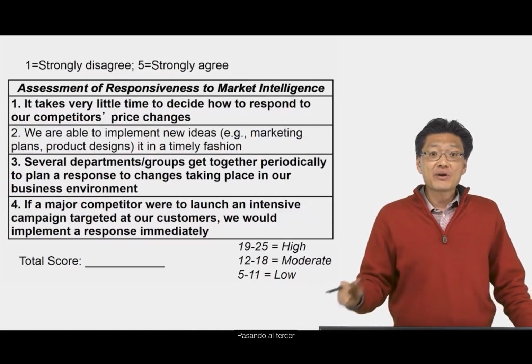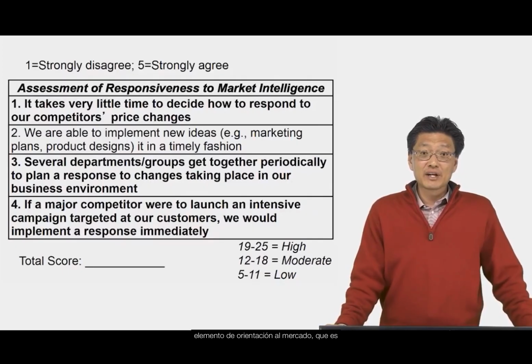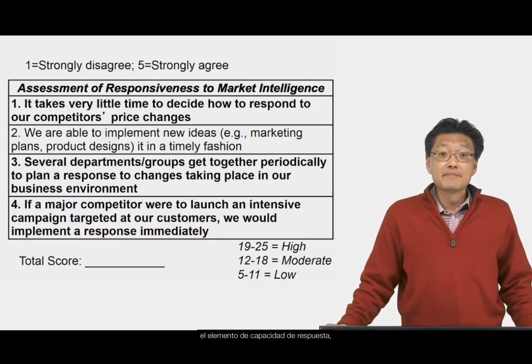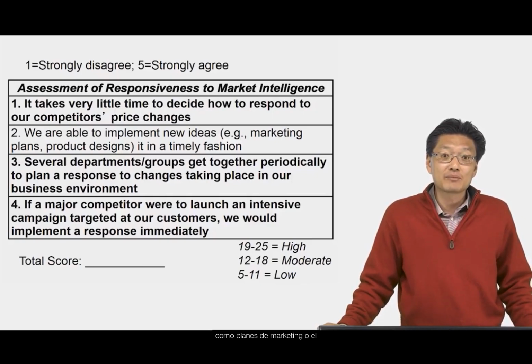Moving on to the third element of market orientation, which is the responsiveness element. The first item reads, it takes very little time to decide how to respond to our competitors' price changes, or we are able to implement new ideas, such as marketing plans or product design, in a very timely fashion.